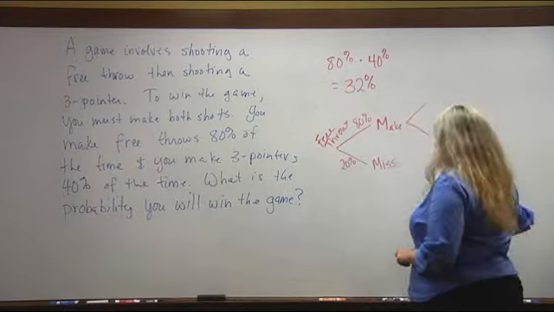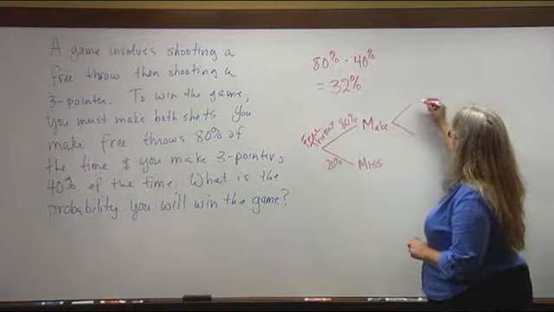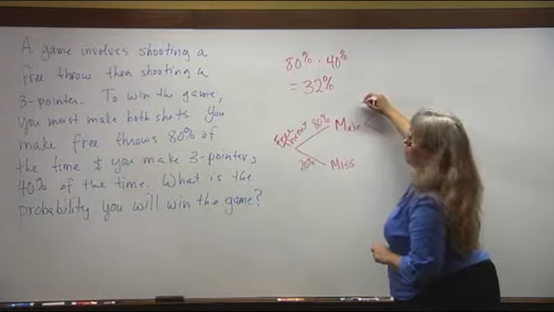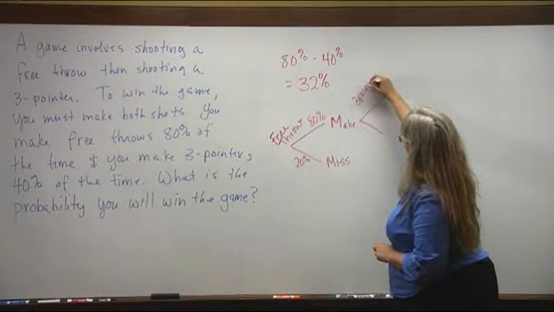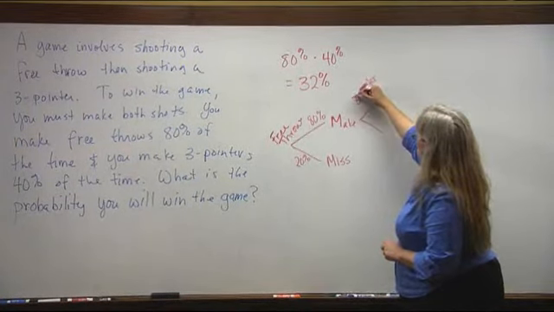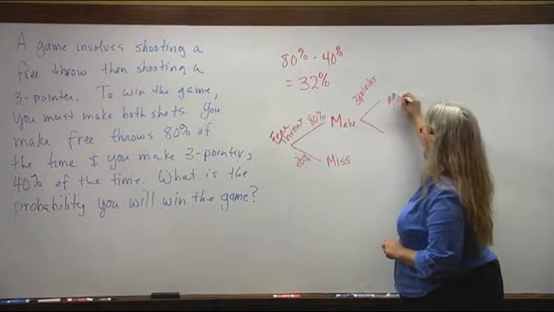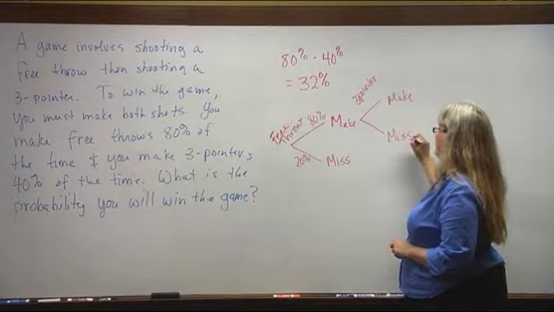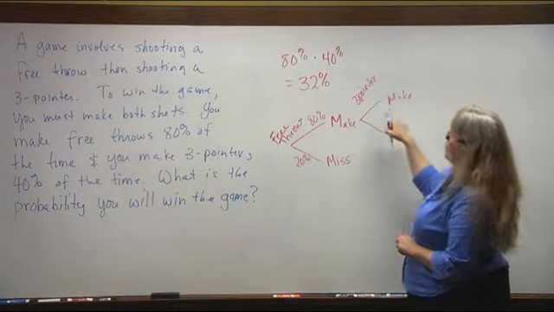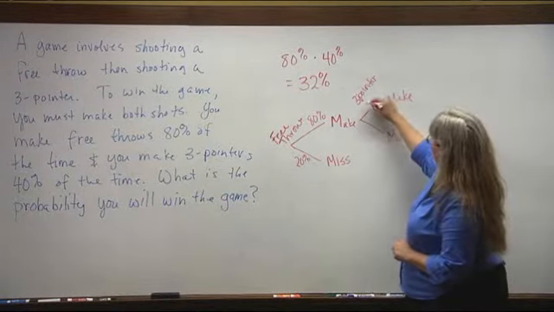Now, if we make the free throw, we then get the opportunity to do the three-pointer. And we can either make the three-pointer or miss it. The probability that we make the three-pointer is 40%.